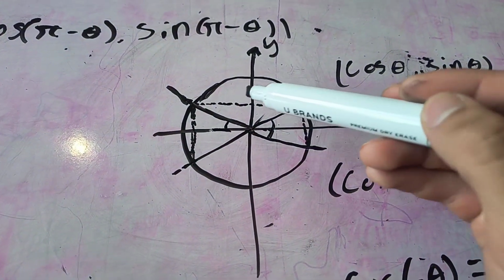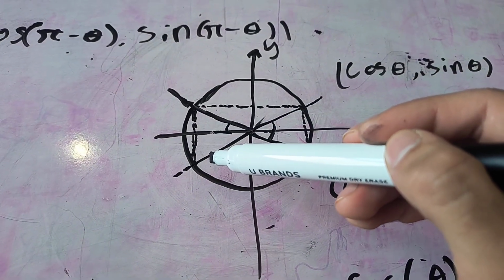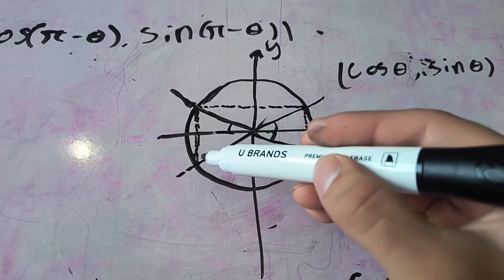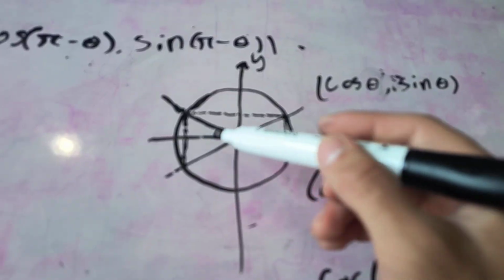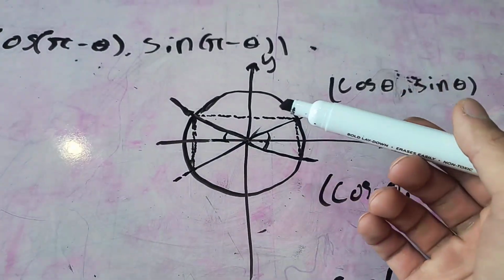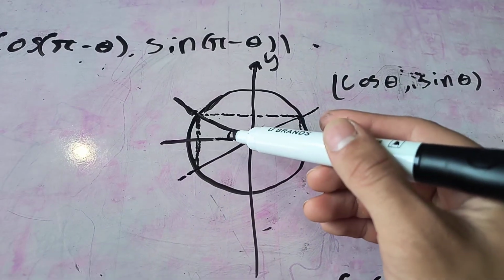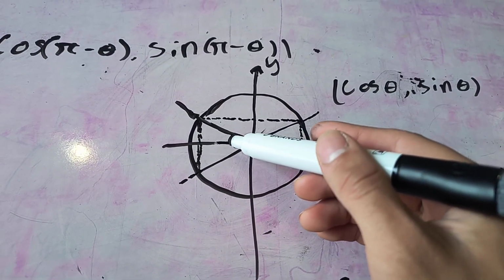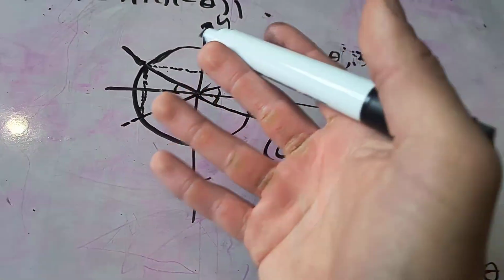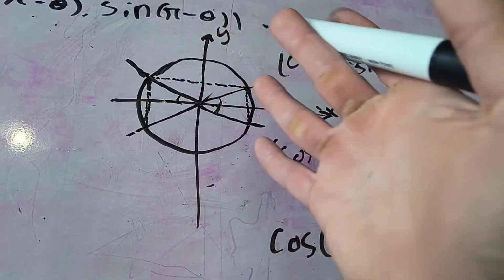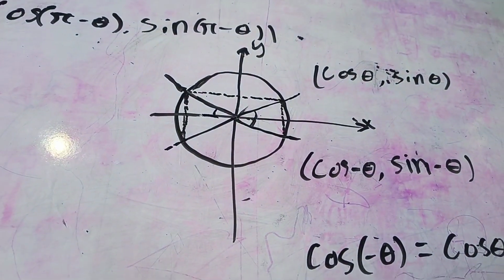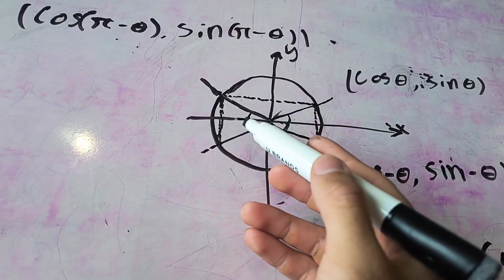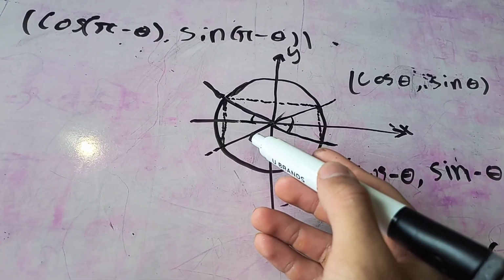The angle from here to here is going to be pi in radians plus theta, because it goes all the way around to this, which is pi, and then it goes plus theta.